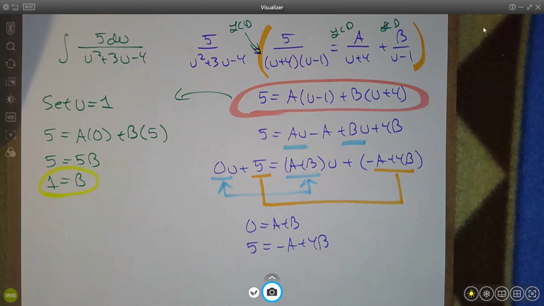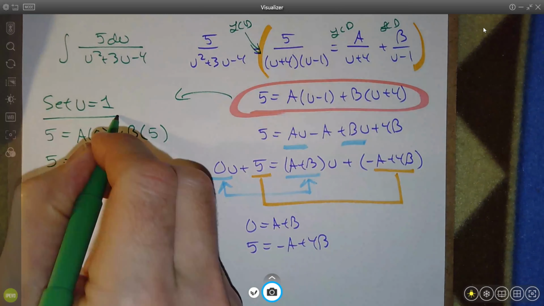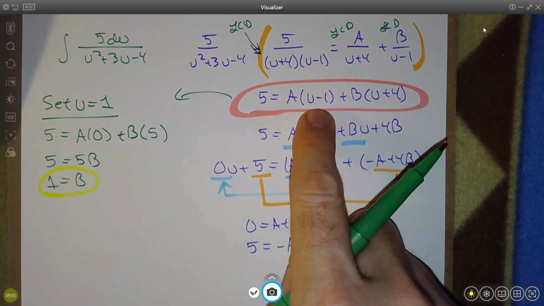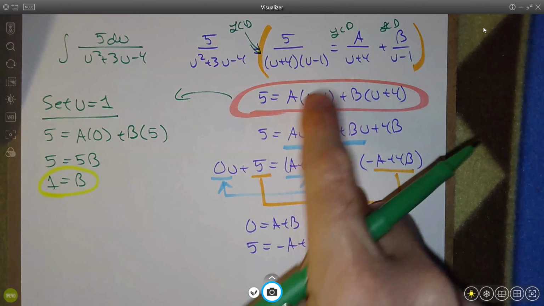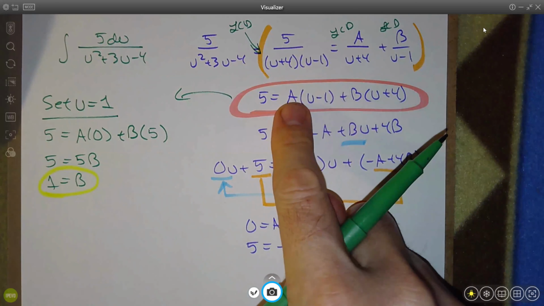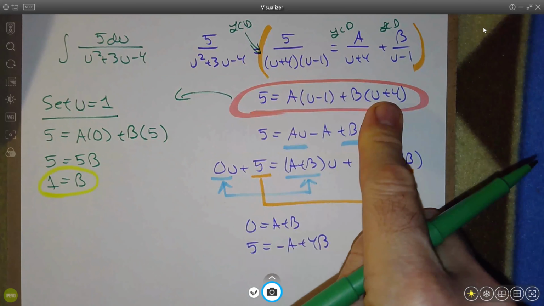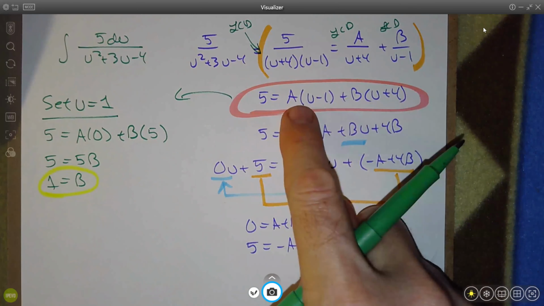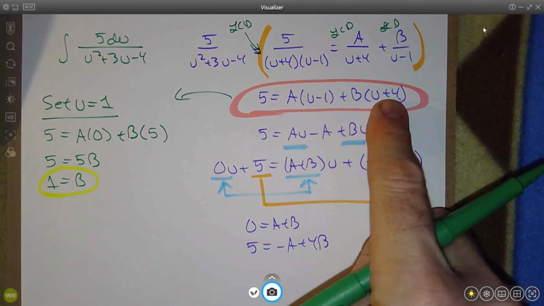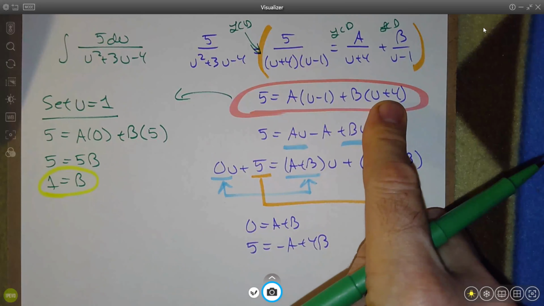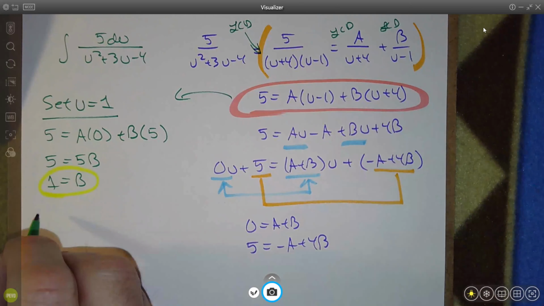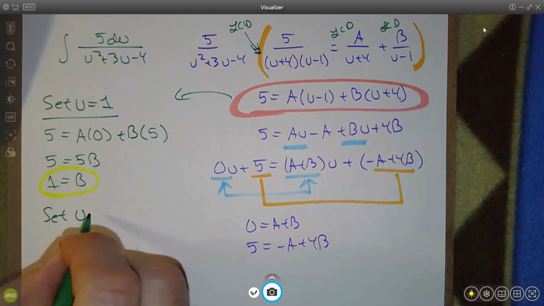Well, that worked out pretty good, but we also need to figure out what A is. Now, when I set u equal to 1, that made this whole term 0, so I couldn't solve for A. But can you think of a value of u that would make the B term disappear so that I could solve for A? What would make that 0? If you said u equals negative 4, good on you. So let's set u equal to negative 4.